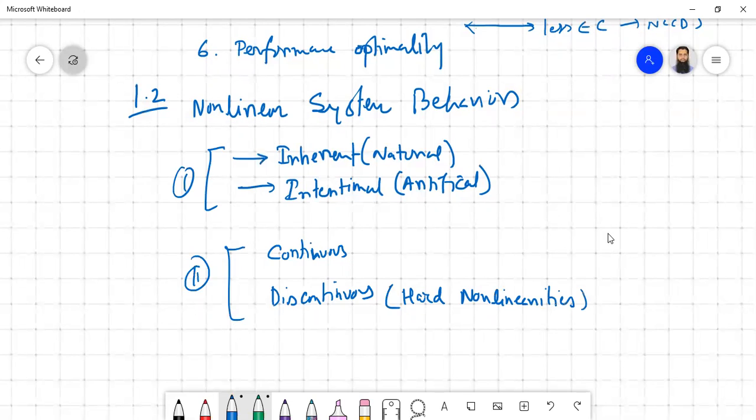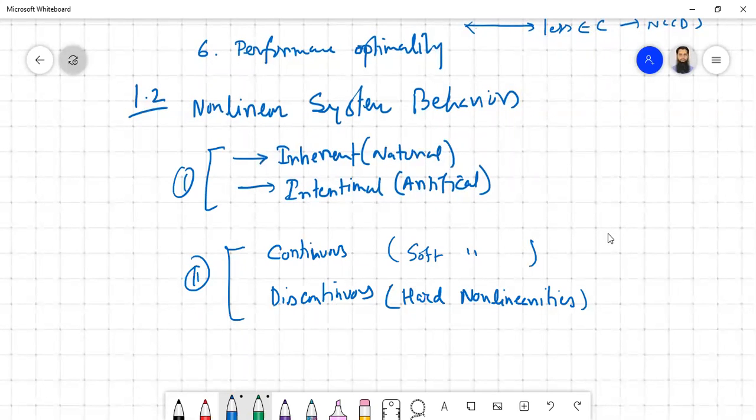Naturally, the other one is called soft nonlinearity. Examples of the hard kind we already gave: backlash, hysteresis, stiction. All these are commonly found in control systems.